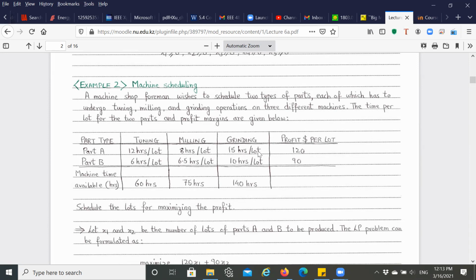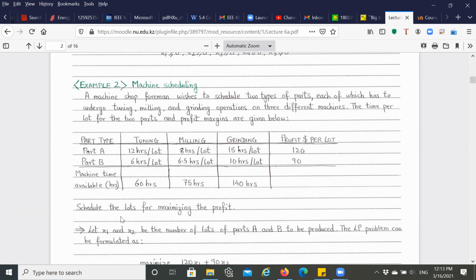The profit you get by making each object of part A is 120. So if I make 10 components of part A, it would be 120 times 10. This is the profit I get by selling each component of each type, part A and B, and this is the amount of hours required for the 3 operations on each part.